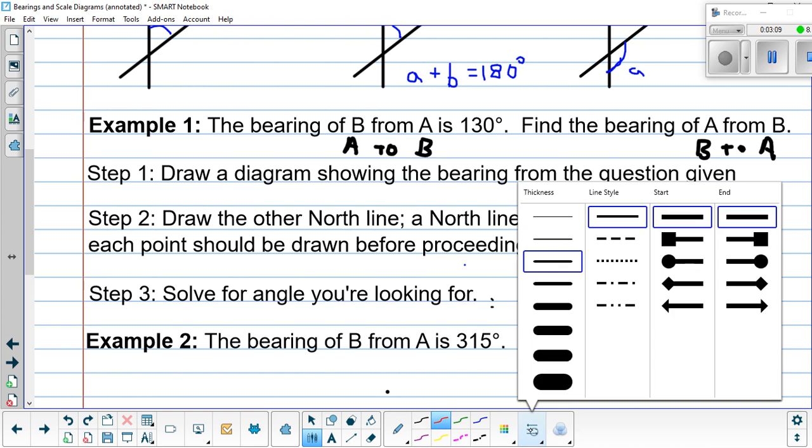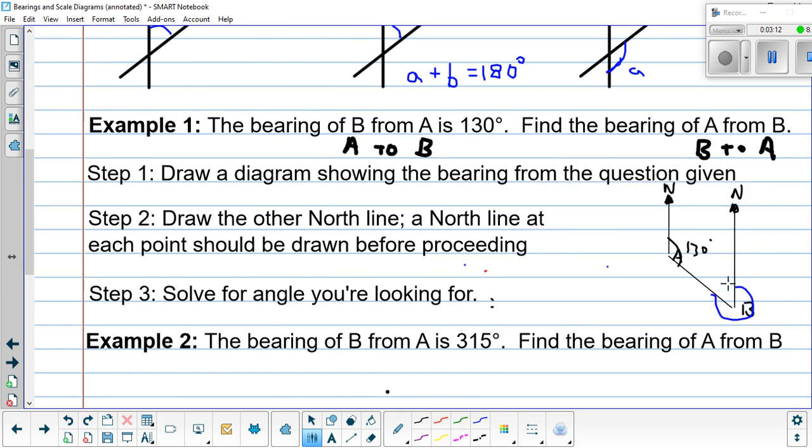So I personally think that for this one, because that's the reflex angle we want, I just want that angle. Because I know that 130 degrees plus this angle I'm going to call theta equals 180. Right? So therefore, we can see that theta equals 50.